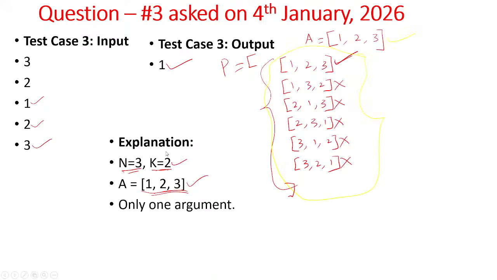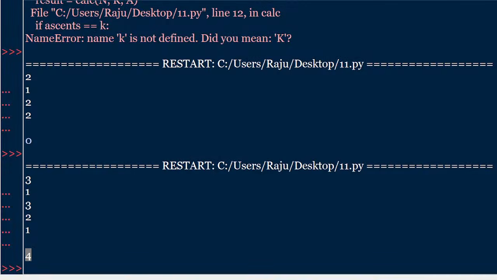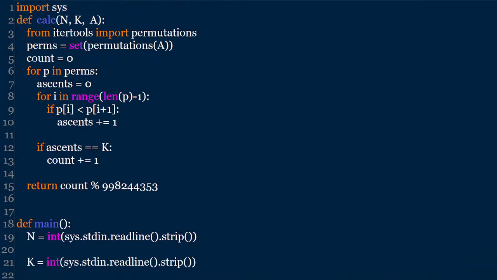Similarly, we will test test case 3. What we should get is 1. Only one arrangement, as we solved in the code. Whether our code also returns 1 or not, let us find out. We'll go back to our code and run it once again.